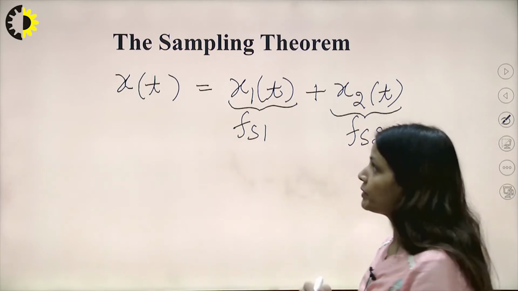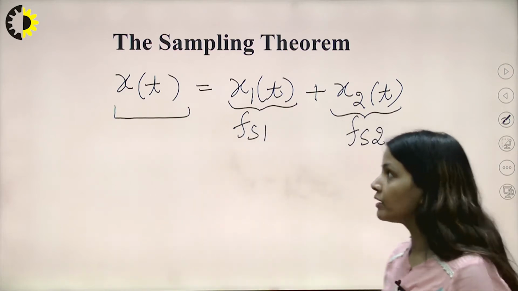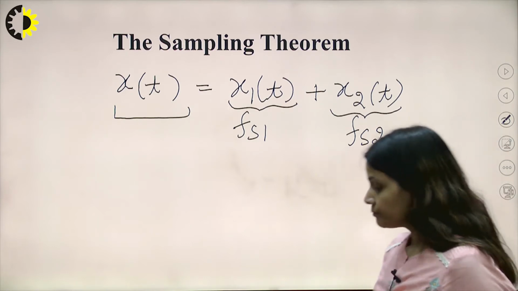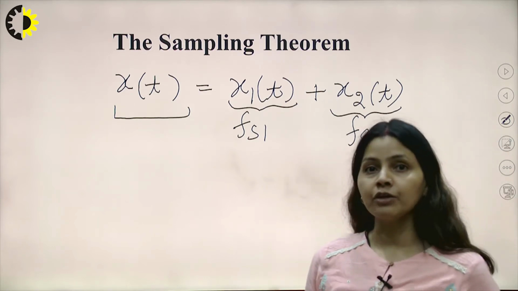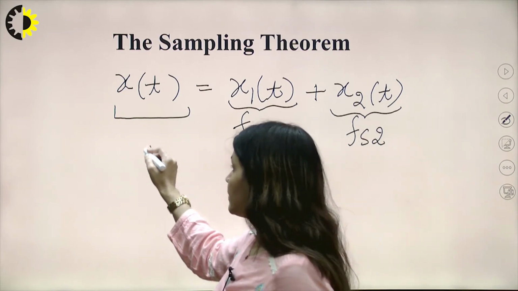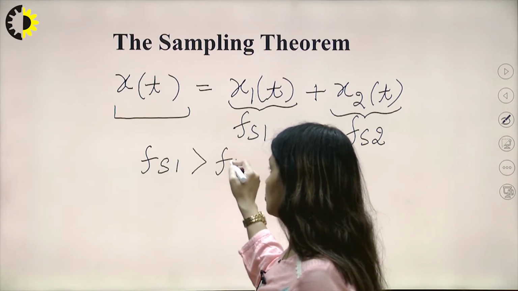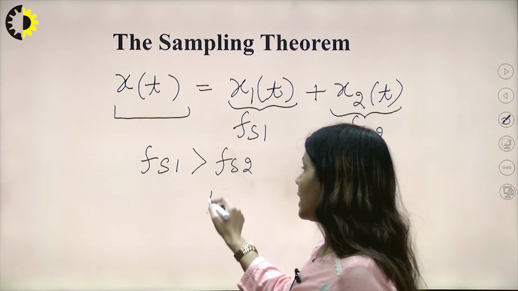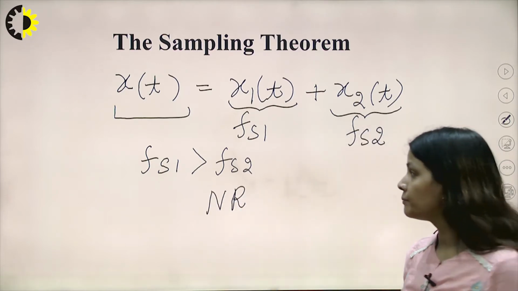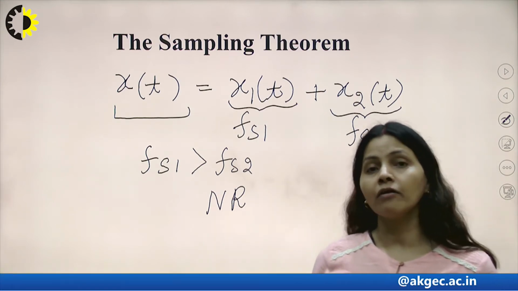Then what would be the sampling rate or Nyquist rate for x1(t) plus x2(t)? In this we need to consider the higher frequency component. If fs1 is greater than fs2, then the Nyquist rate will be the higher sampling rate.